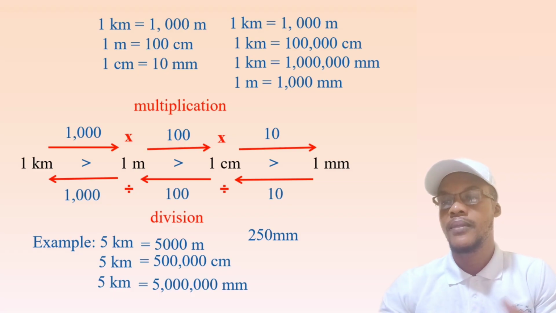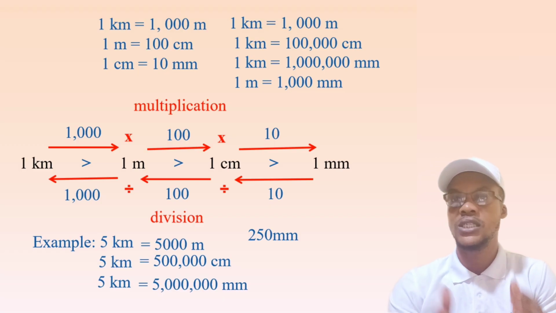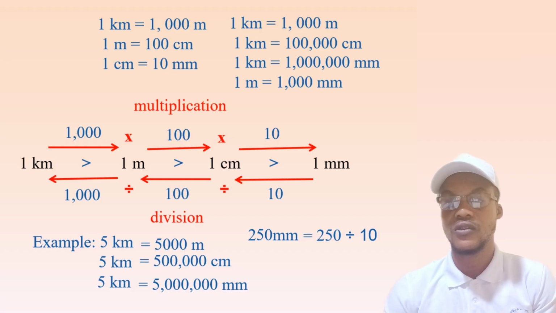So whatever value is given in millimeters, to change to centimeters I divide that amount by 10. So 250 divided by 10 gives us 25 centimeters.